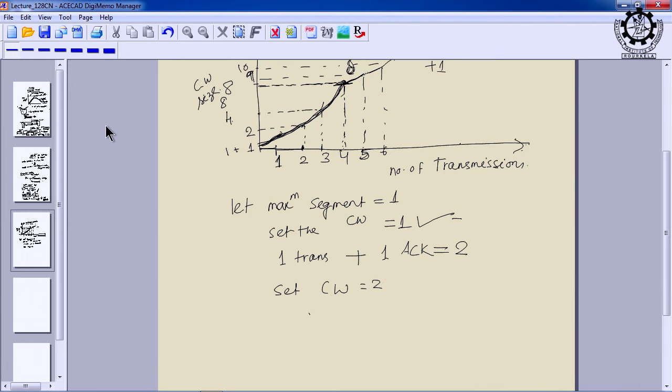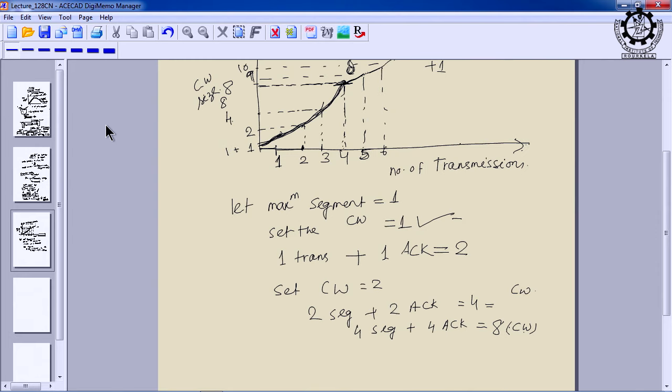Similarly, for 2 segments and 2 acknowledgements you receive, it is equal to 4. Now, this is your new congestion window. Then 4 segments and 4 acknowledgements give 8. So, now the congestion window is equal to 8, the way that we studied.